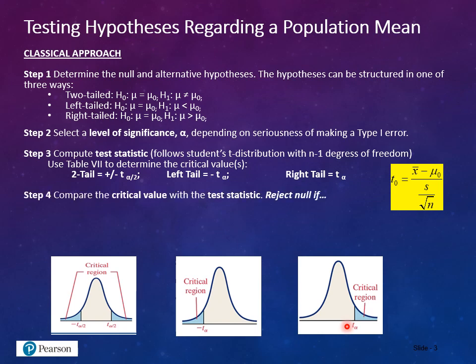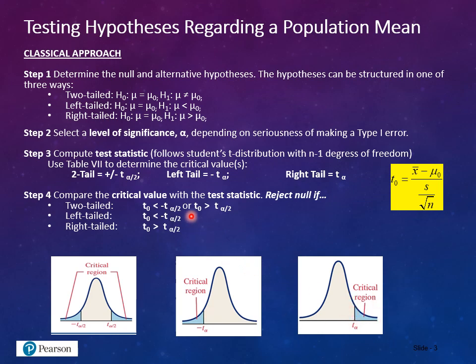What we then do is compare the critical value with the test statistic, and we reject the null hypothesis. Basically, all three of these are saying if the test statistic is in the critical region, then we will reject the null hypothesis.